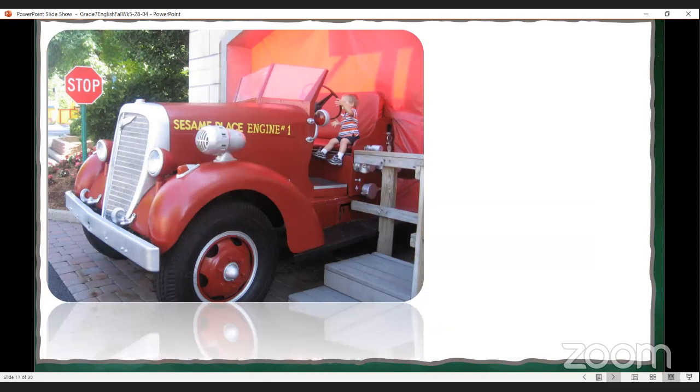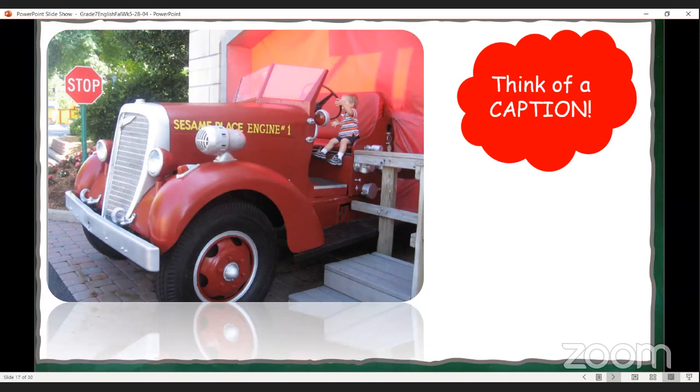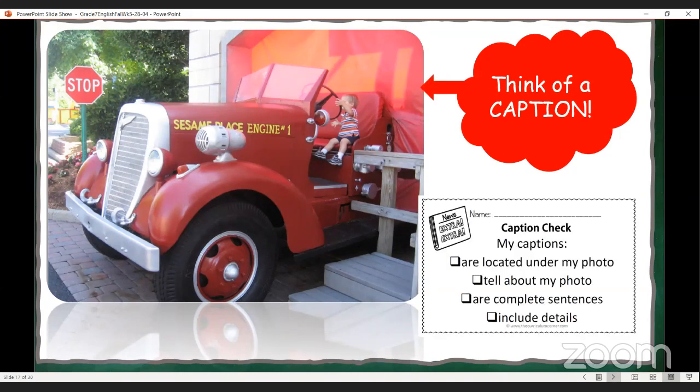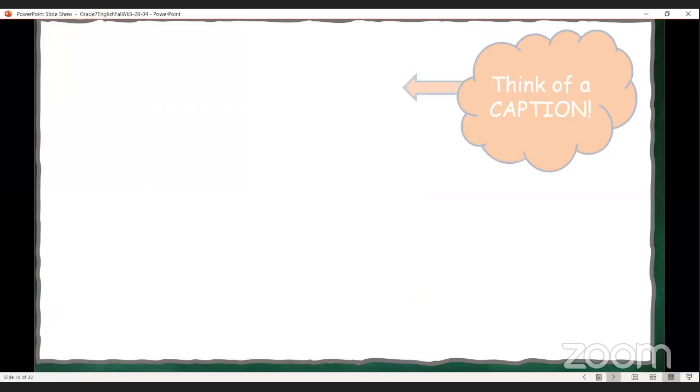I would like to hear from you awesome grade 7s what caption you would put with this picture. Think of a caption. Remember, it goes under your photo, it tells you about your photo, it's complete sentences, and it's got little details. How about this one?